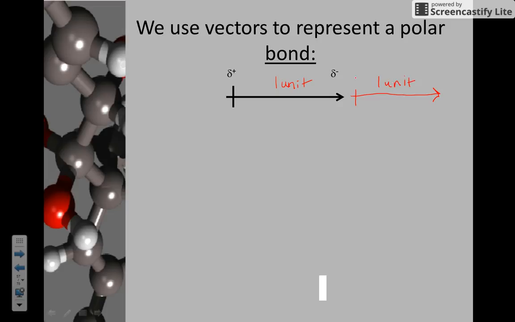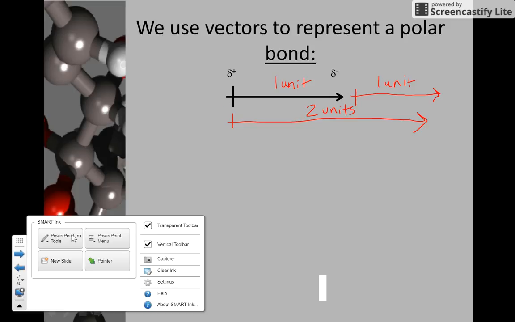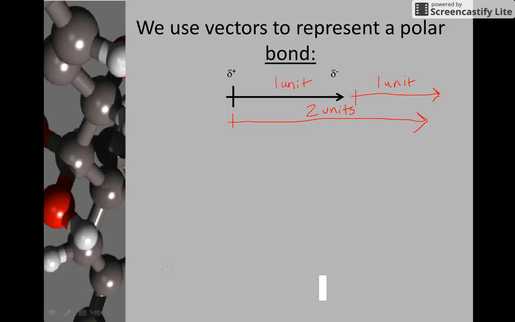We would say we had a resultant vector that would be an addition of the 2 pointing in the same direction that would equal 2 units. Okay, now these are not to scale, but if you add these 2 together, you would have a resultant vector of 2 units.